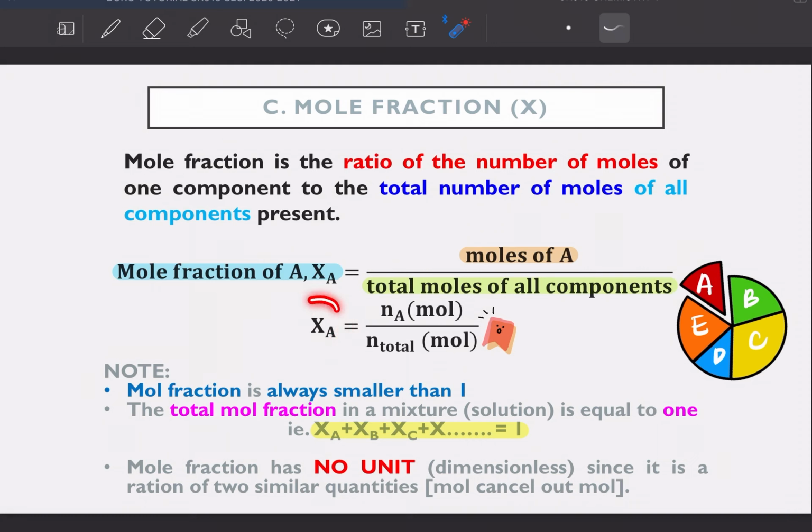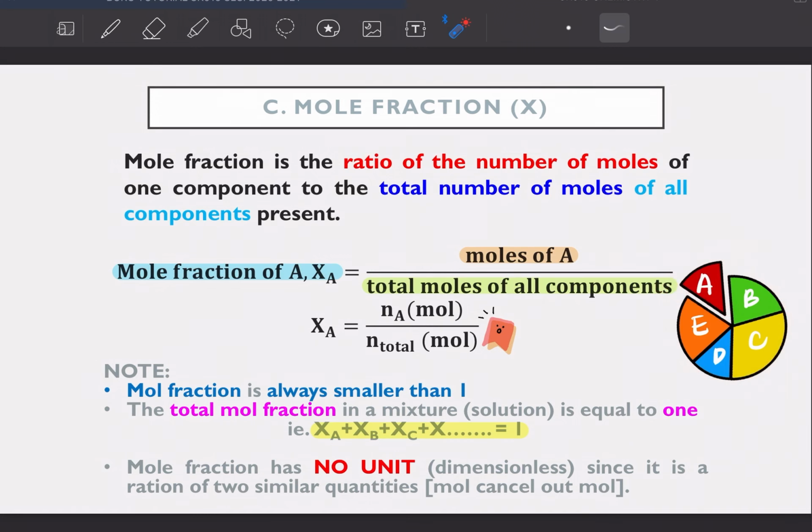Okay, ni maksudnya mole fraction of A. Okay, ini mole of A over total number of moles. Okay, so if you look at this pie chart, that means that mole fraction is basically mole of A, one of this, over the total. So maksudnya A, B, C, D, E, total mole of all components.